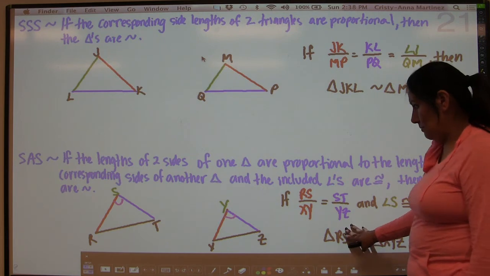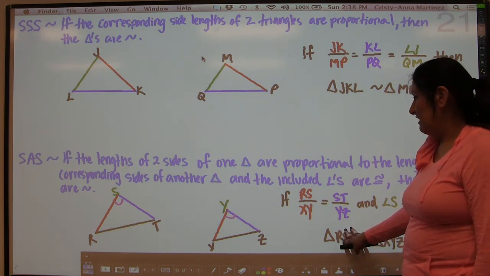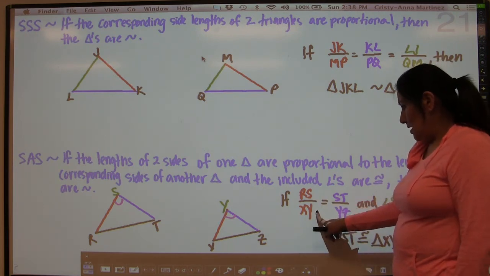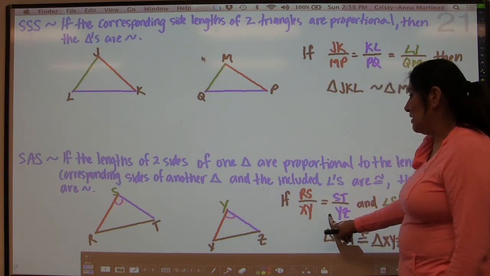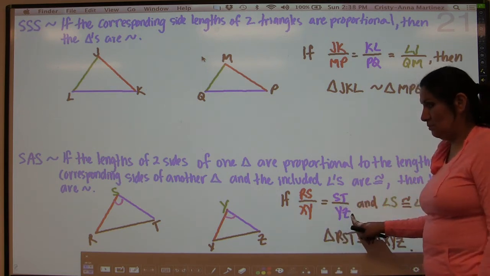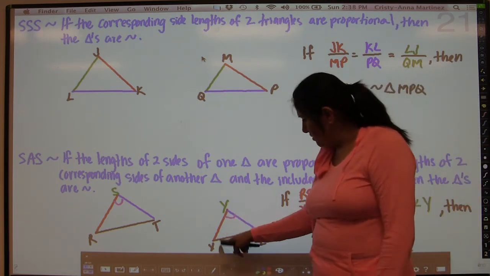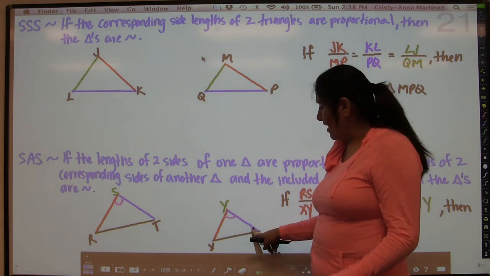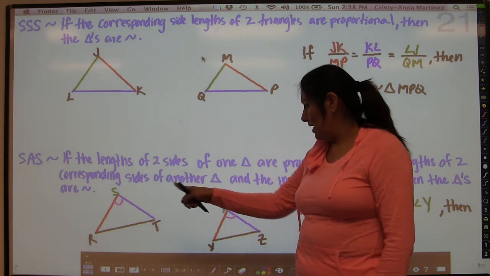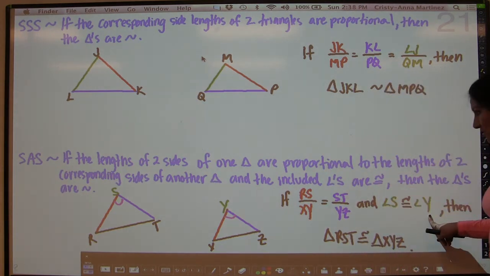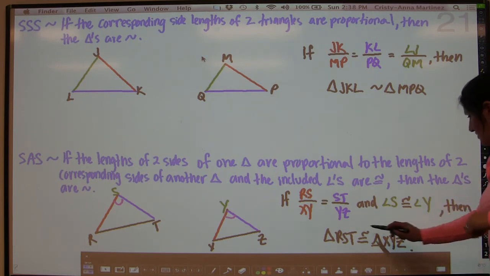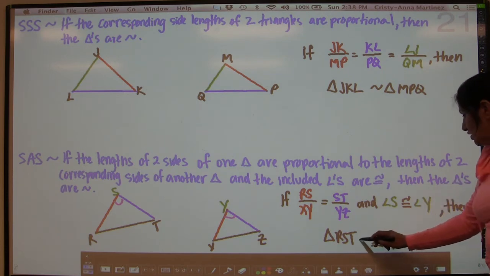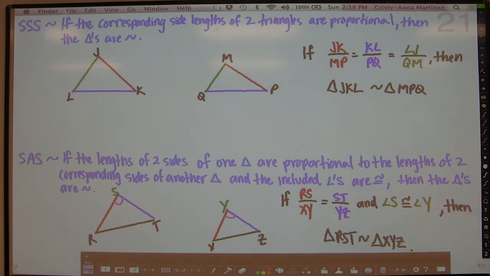In a more concrete format, the ratio of RS to XY, which is the red segments, is the same as the ratio of ST to YZ, which is the blue segments. Furthermore, you have to have the angle in between the two sides, so angle S and angle Y have to be congruent. If those two things happen, then triangle RST is similar to triangle XYZ.